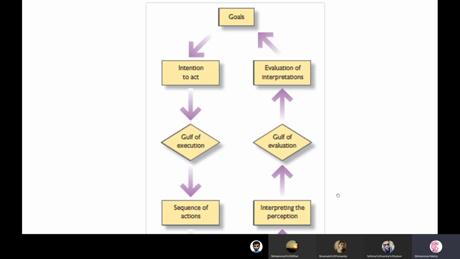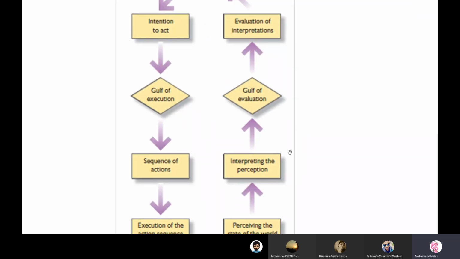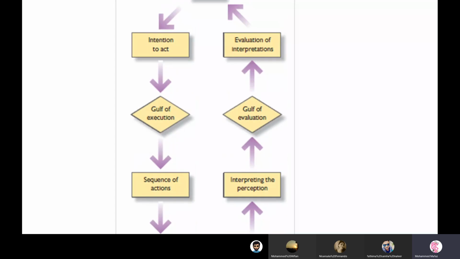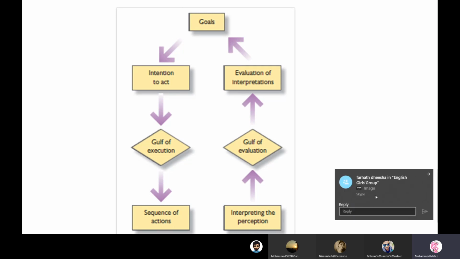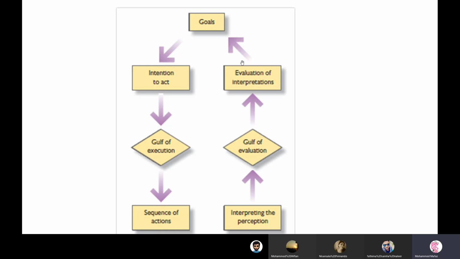Again, the system might be producing some valuable output, but if the user doesn't see it fit their goals, they will feel the system is not working as expected. Generally we have this feeling when we work with certain software or websites; you might have experienced this scenario. So basically these two gulfs need to be reduced.